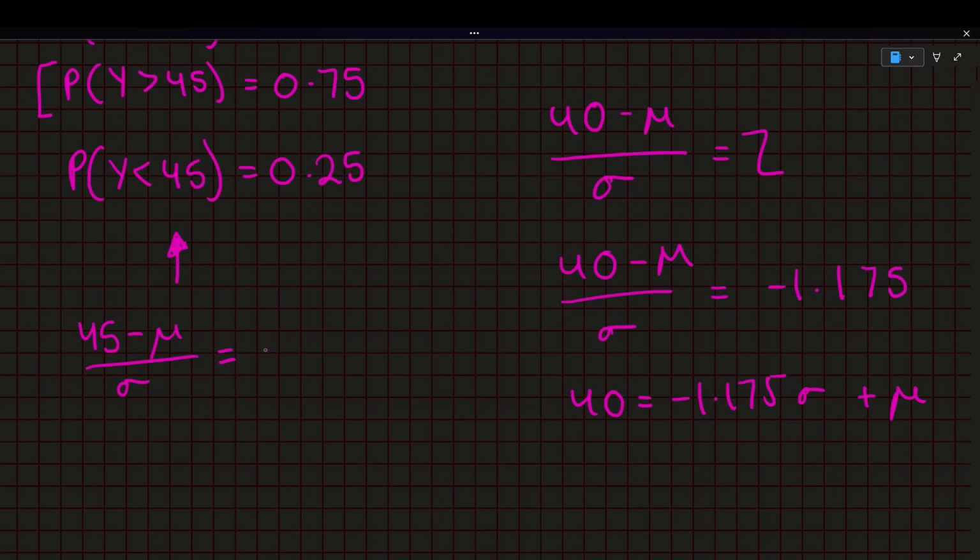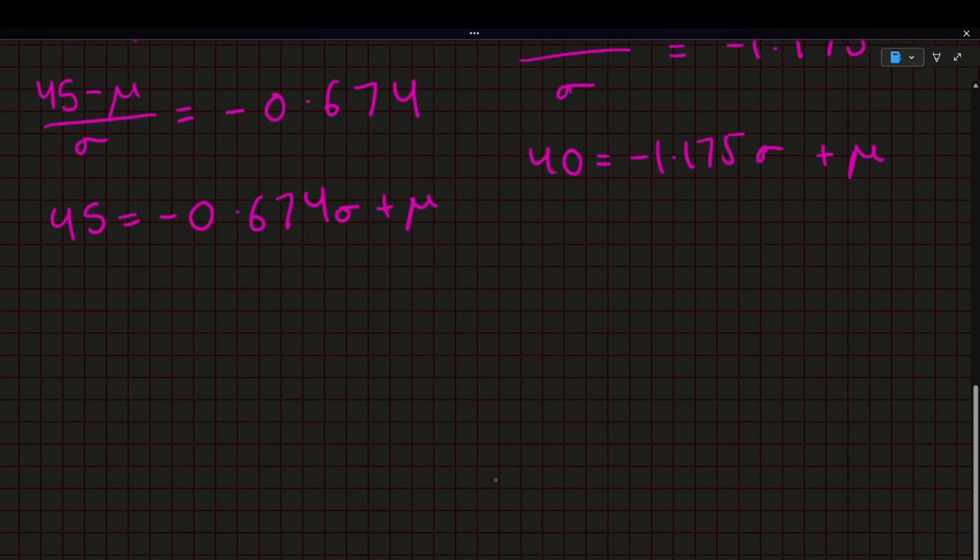And that gives us an answer of minus 0.674. It is 0.67448, but I'm just going to round it to 3 decimal places. And now if I rearrange it, I can just rewrite that as 45 equals minus 0.674 lots of our standard deviation plus mu for our mean.